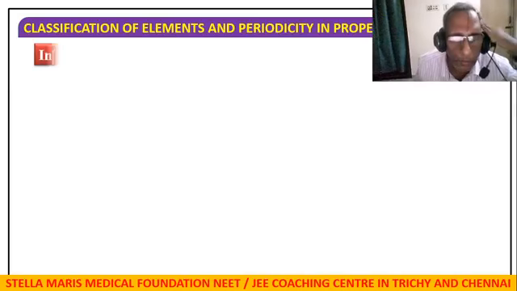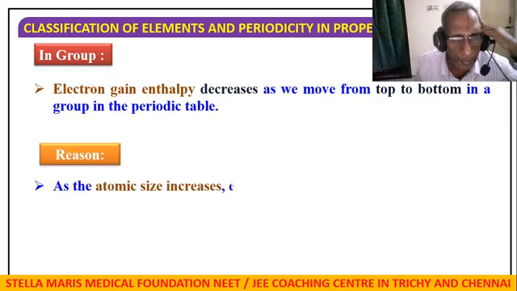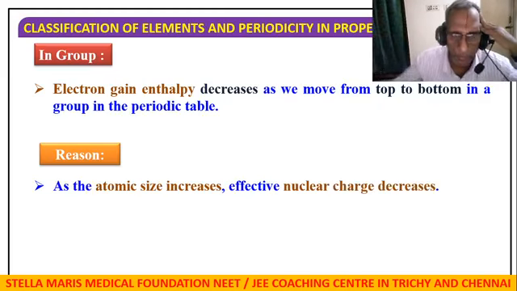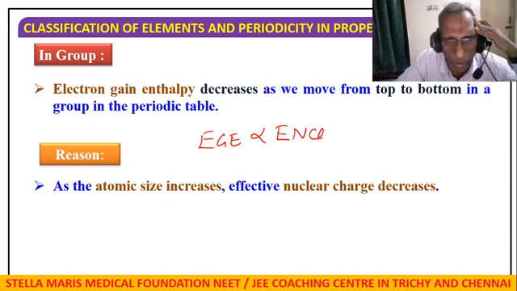Now along the group it decreases. It may appear as though they are confusing with the words increase and decrease. You just note down: electron gain enthalpy is directly related to effective nuclear charge.